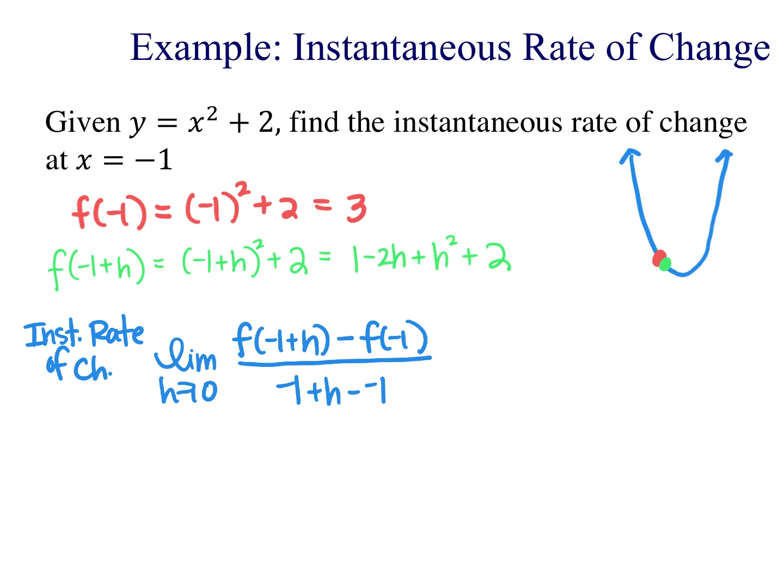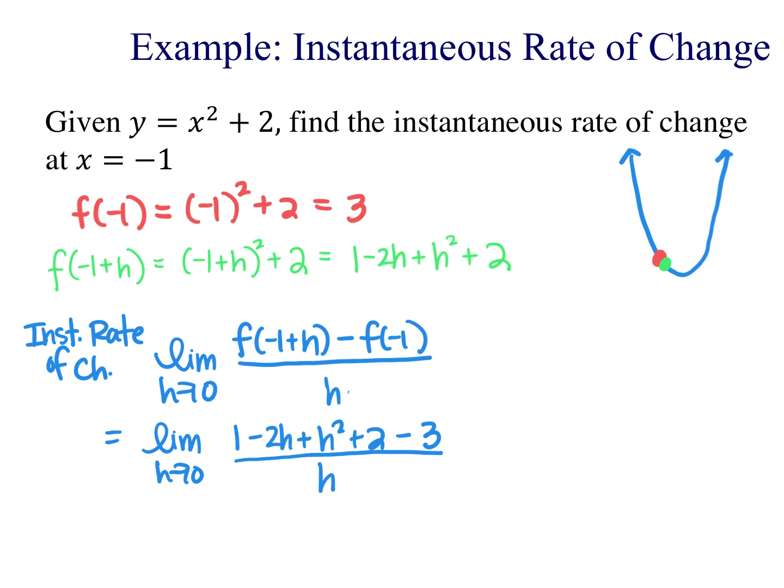And so I'm just going to take the y values I just found, and I'm going to simplify and do the math on this. Okay? The denominator is always going to simplify down to plain h. As long as you're doing the algebra, you keep the limit going. So f of negative 1 plus h turned out to be 1 minus 2h plus h squared plus 2, and then minus 3, which was the other y value, so I'm subtracting those two, and the whole thing is over h.